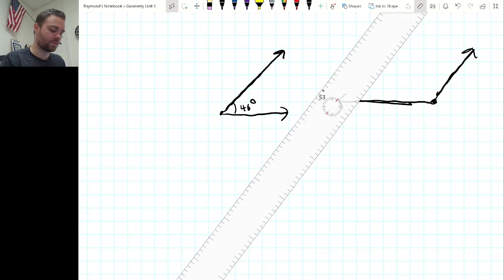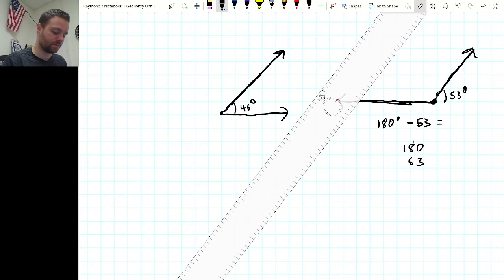So it's saying that this piece is 53 degrees. So 180 degrees minus 53 degrees is going to be 127 degrees. So this angle is 127 degrees.